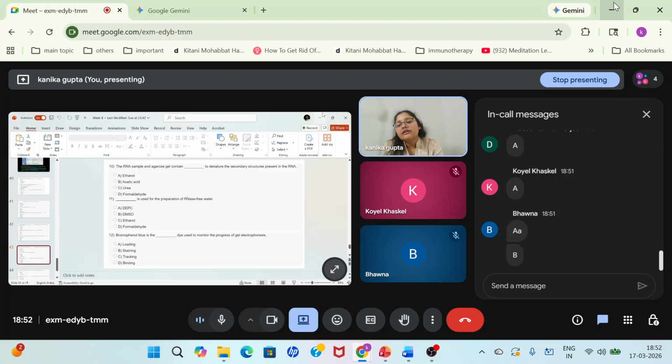Bhavna, are you very sure it is a staining dye? Staining happens when we are running SDS-PAGE, and that too with Coomassie Brilliant Blue. So bromophenol blue and Coomassie Brilliant Blue are two different dyes.